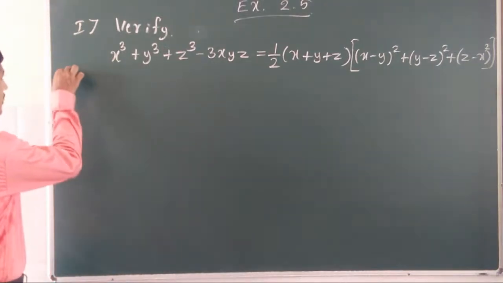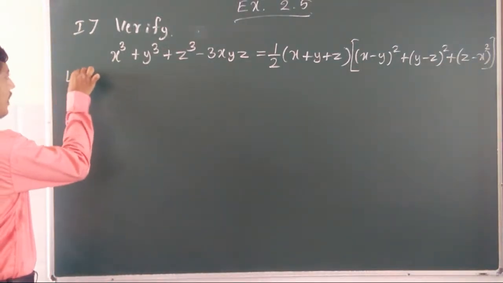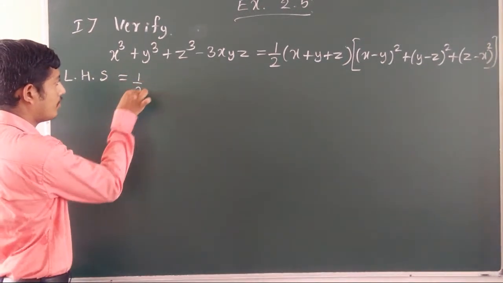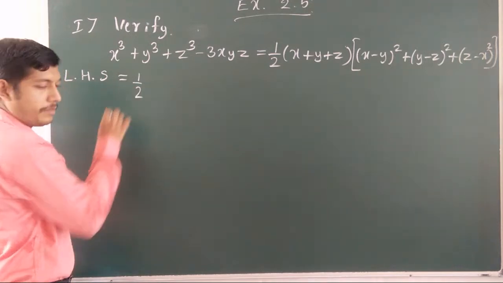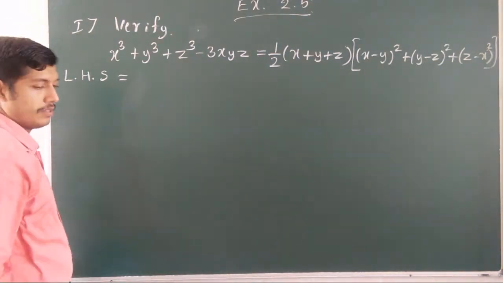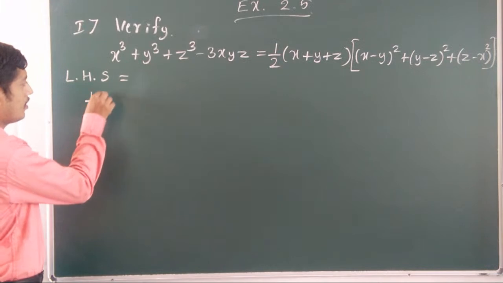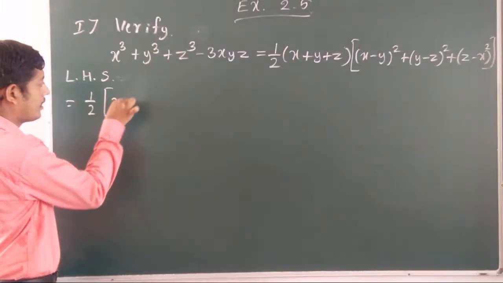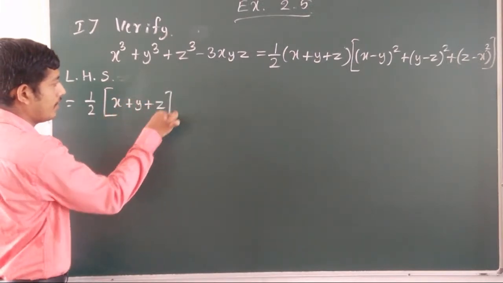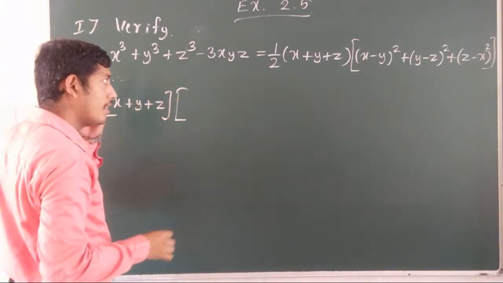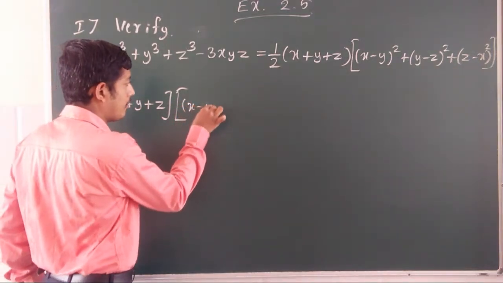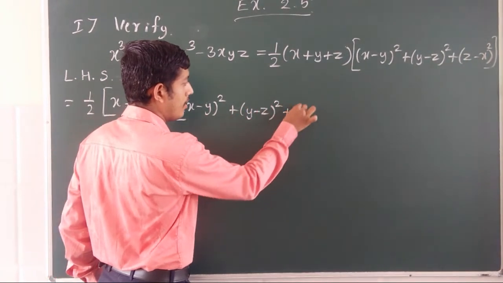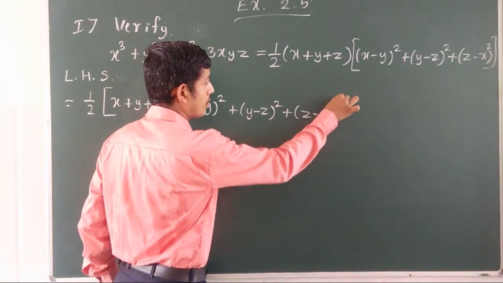Let's consider the RHS. RHS equals half into (x plus y plus z) into ((x minus y) square plus (y minus z) square plus (z minus x) square).